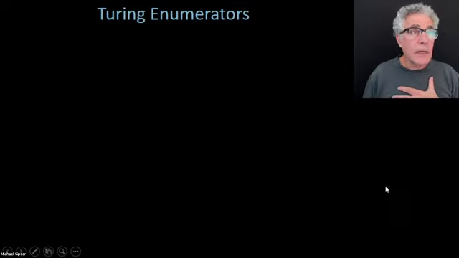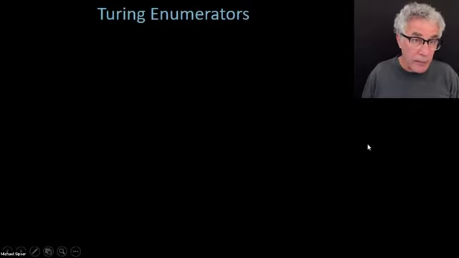Now, let's move on then to talk about a somewhat different looking model, which has some historical significance and sometimes is a helpful way to look at Turing recognizability. And incidentally, you have a homework problem on this model called an enumerator or a Turing enumerator.